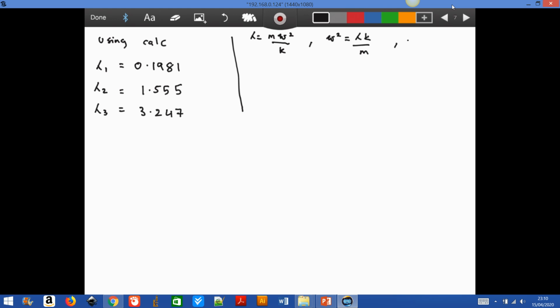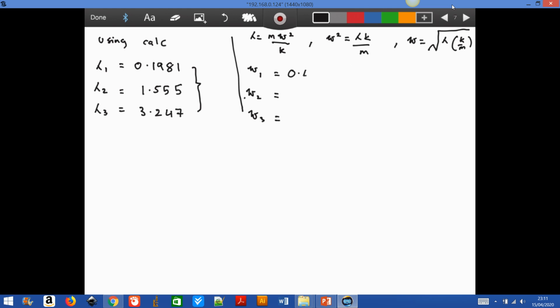Therefore, omega is the square root of lambda k over m. So from the values of lambda, you can find omega 1, omega 2, omega 3 in terms of m and k.